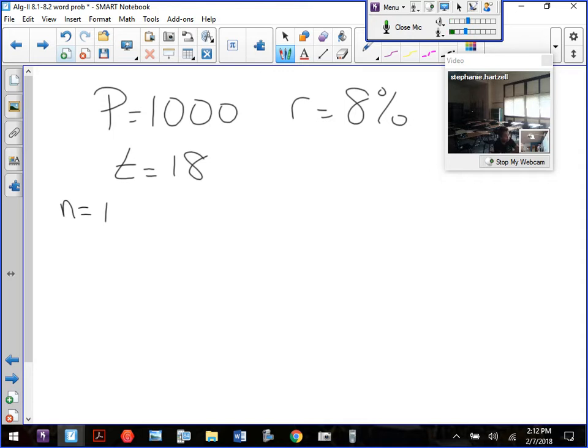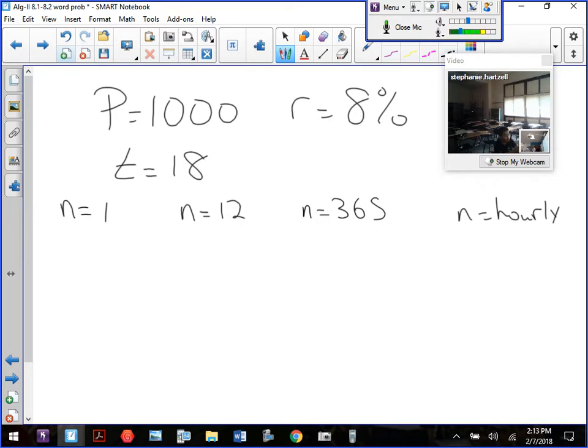If I say that it compounds monthly, if I say that it compounds daily, and then let's get super crazy, hourly. Well, I want to show you what the differences are.